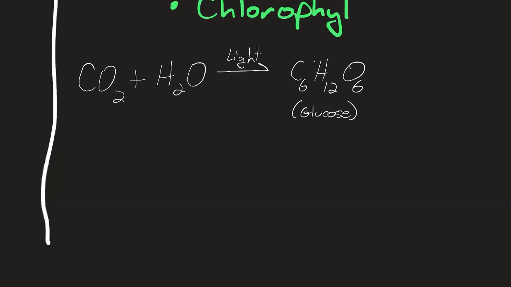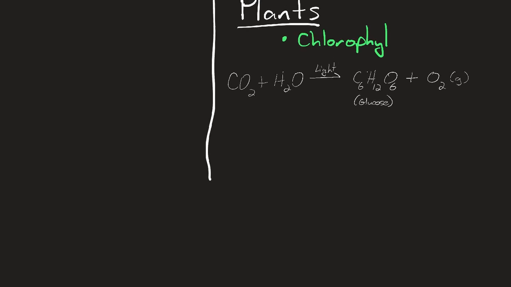And then they also produce excess oxygen gas, O2 gas. That is the overall process for something called what? Photosynthesis.